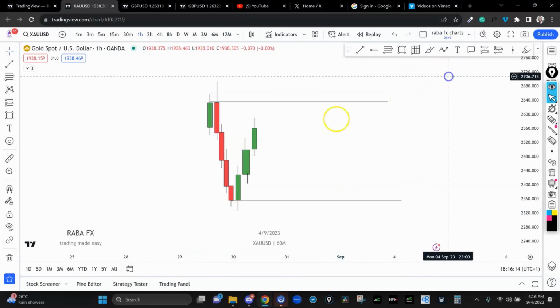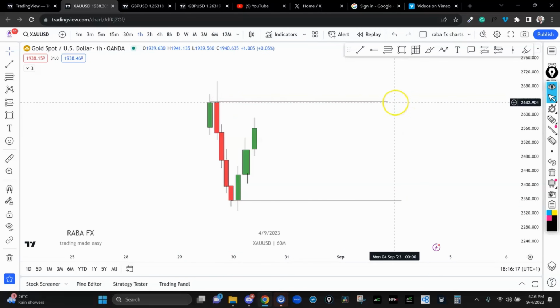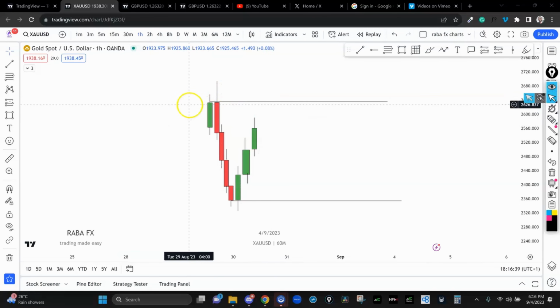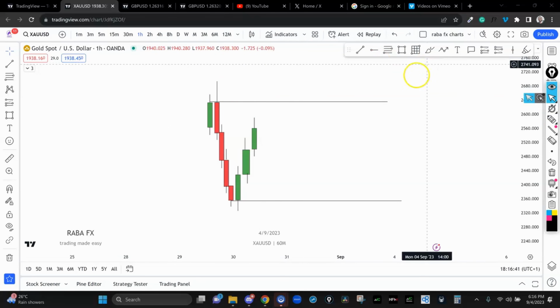So we simply need a line. This line represents a particular price. So when price approaches that level, this is what you'll be doing. Before you go on, this particular chart here is on the 1 hour chart, H1. You want to identify the highest level and the lowest level in the H1 time frame.